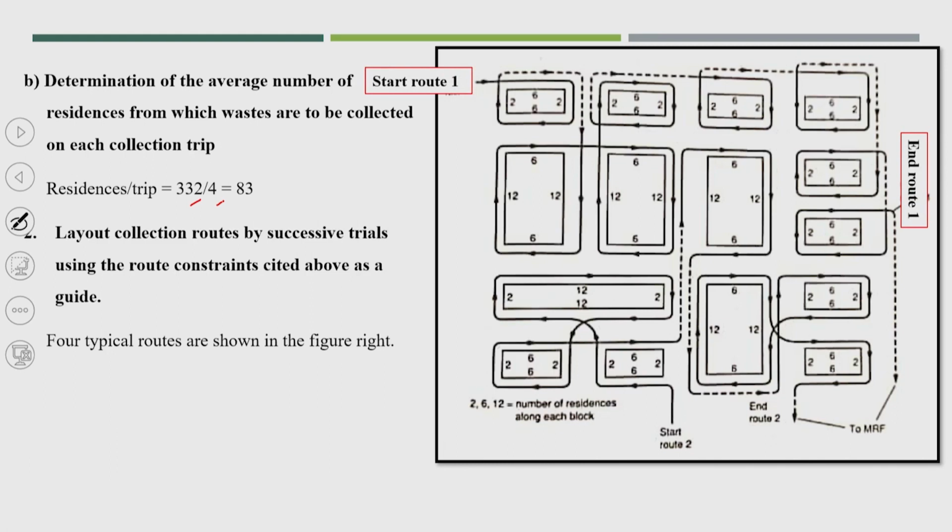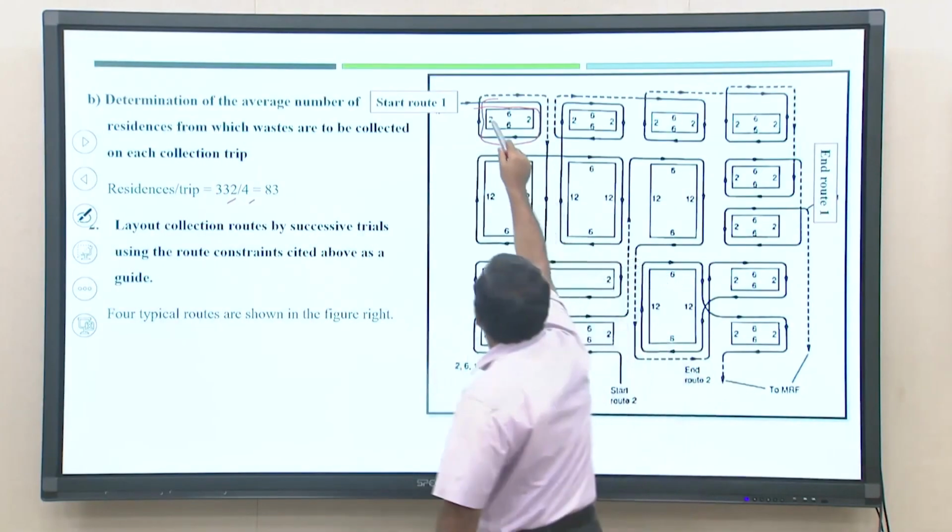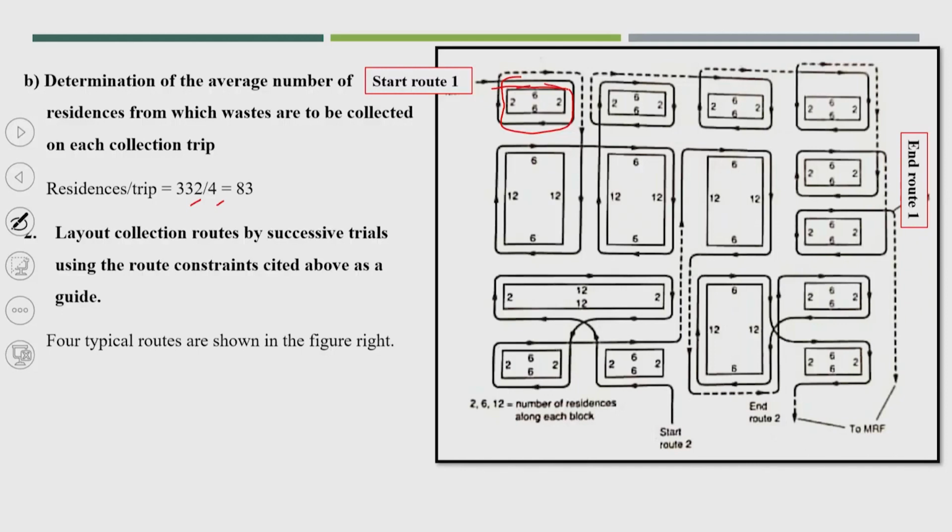The first route starts like this. Here the waste is collected by the right hand only as the vehicle travels. The dotted line says that there is no waste collection, so the vehicle will go like this.